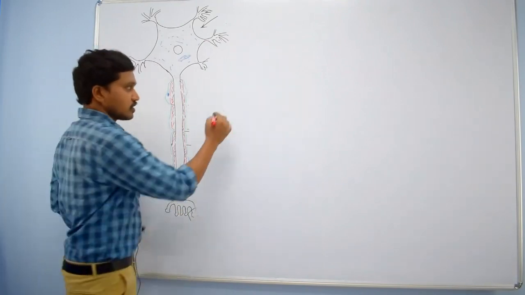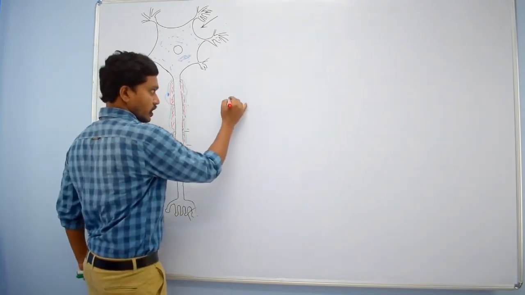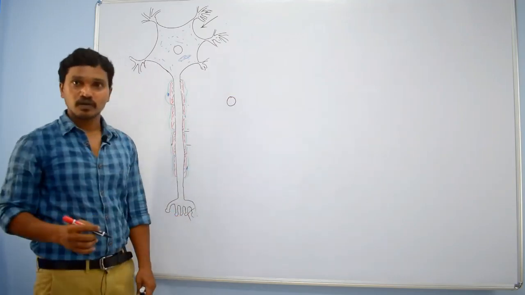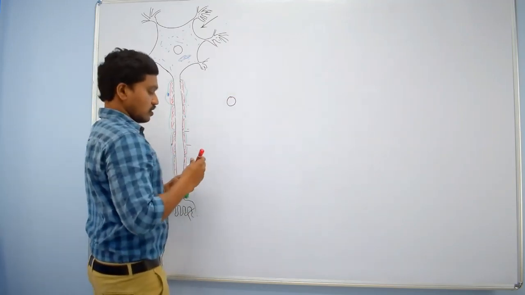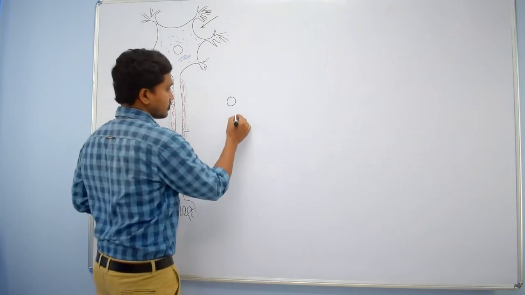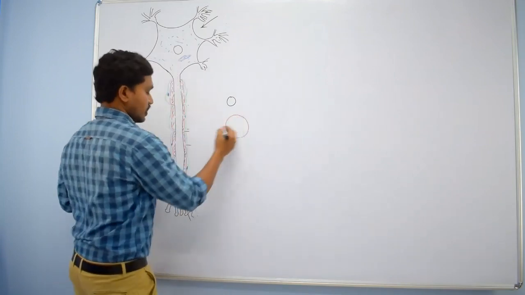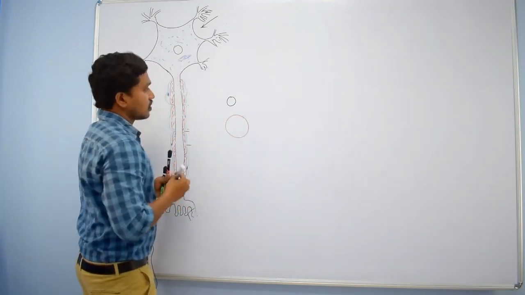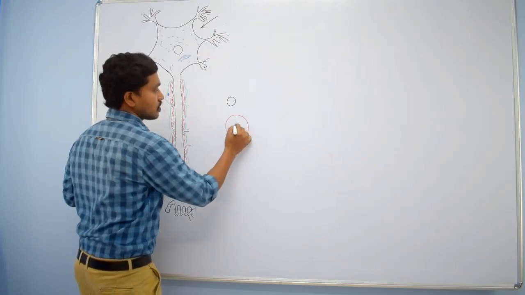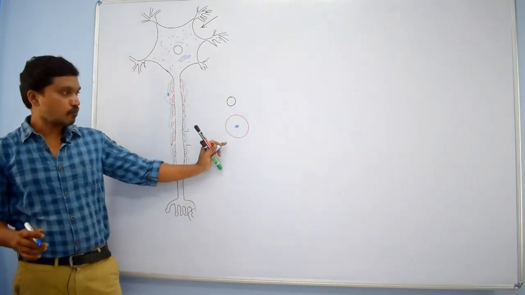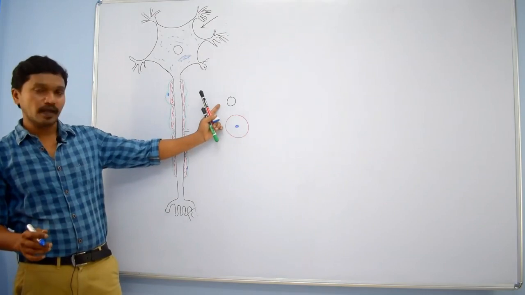First, if you take an axon and a squamous cell, this squamous cell approximates to the axon.